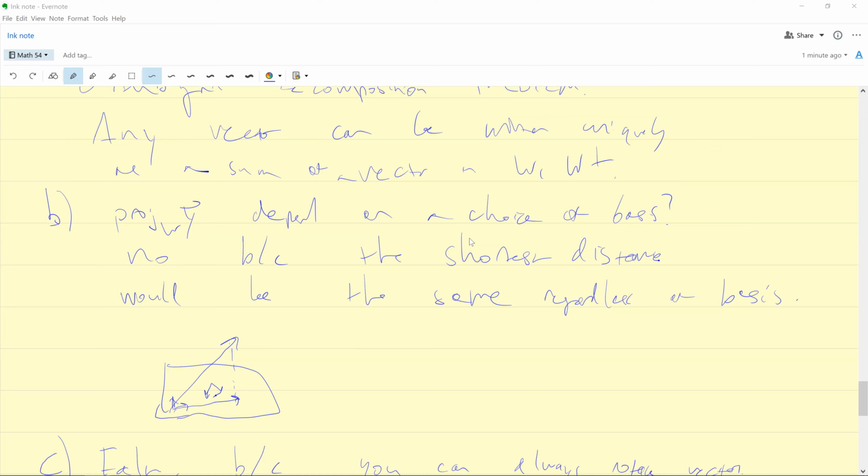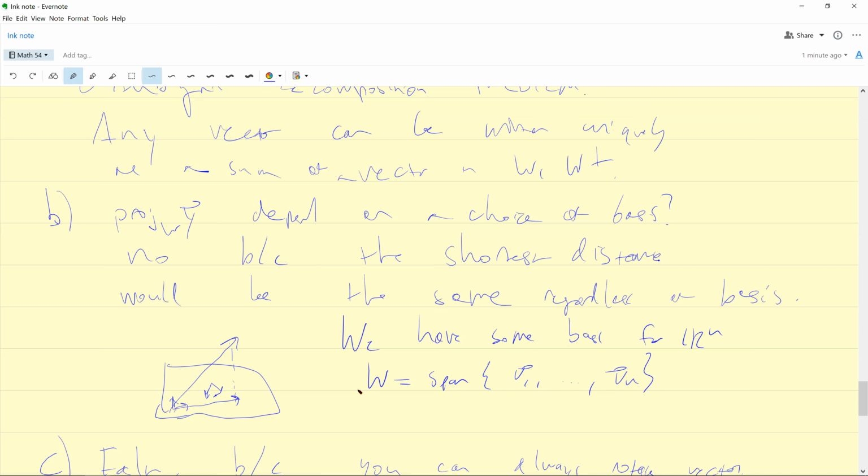So the basis we choose for W, we picked a basis to start with for our space, right? We already have some basis for Rn, usually the standard basis. So this W is a span of some vectors, and these are all also written with respect to that basis, right?